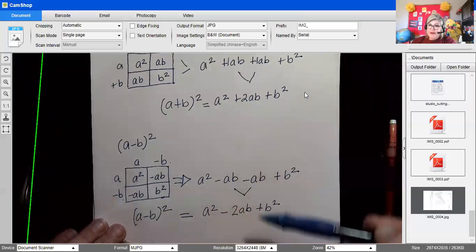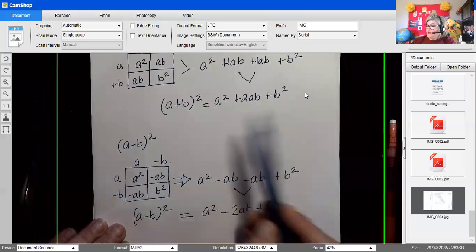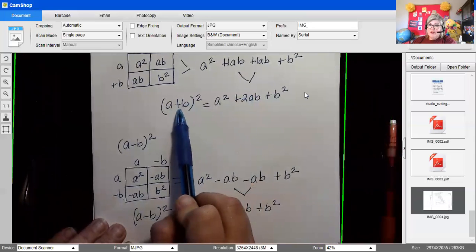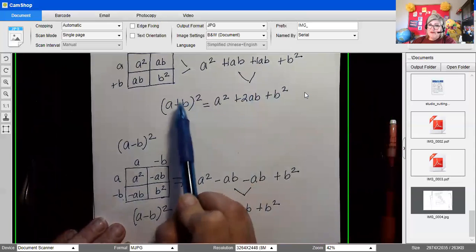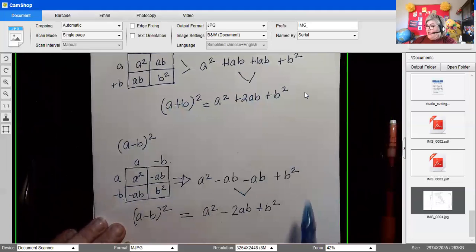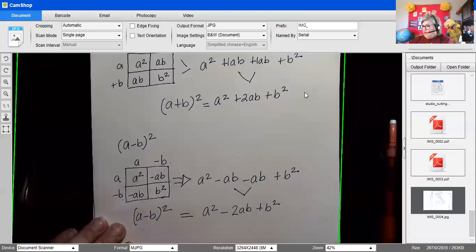There's still 2ab, but if it's a positive 2ab, then you know that there's a plus sign in between the a and the b. And if there's a negative, then there's a negative sign in between the a and the b. Now let's put our model to practice.